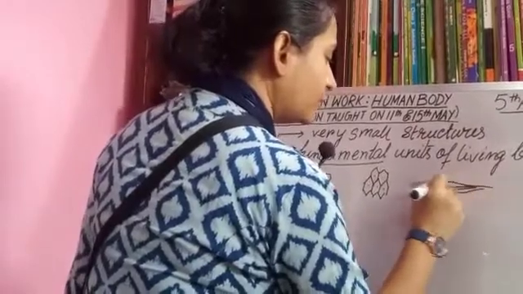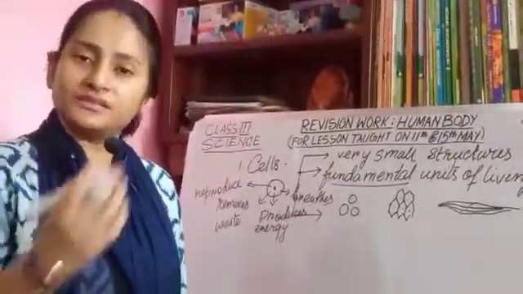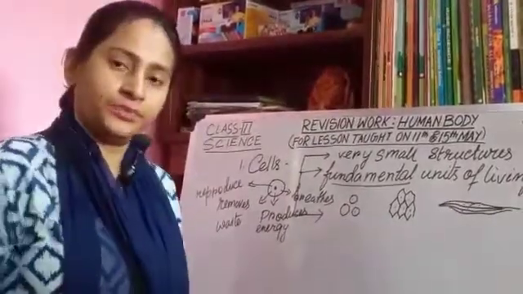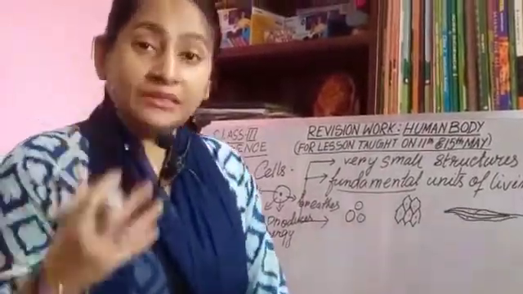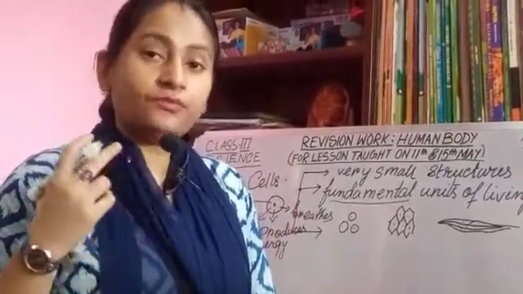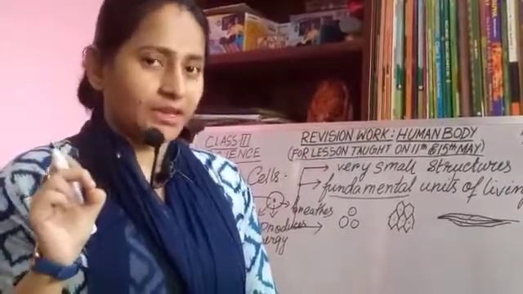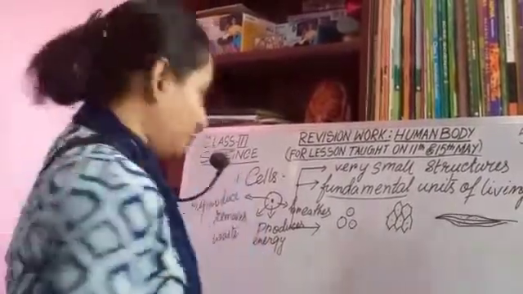So, we can conclude that there are different types of cells found in our body. But children, similar types of cells in our body always form a group, right? And each group can be called a tissue.